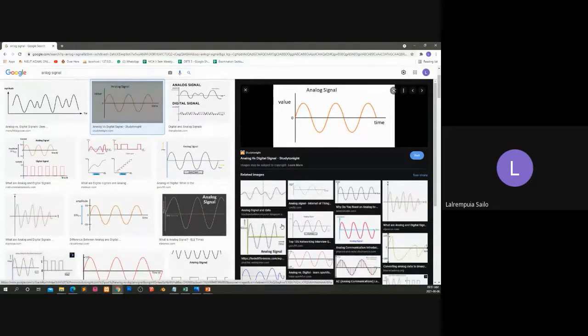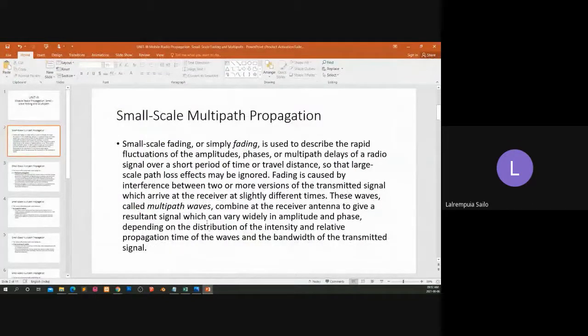Phase means changes in the degree of the sine wave, maybe a change of 90 degrees, or 180 degrees, or 270, or 360, or maybe something in between, like 45 degrees. These are the multipath effects: there are some changes in the amplitude and phase.